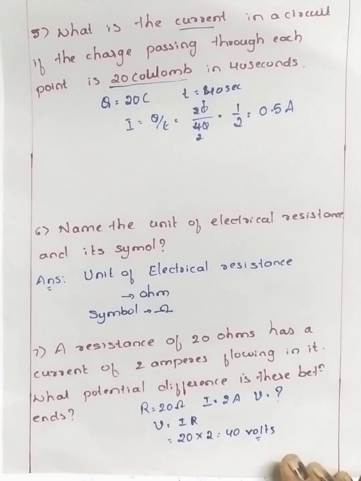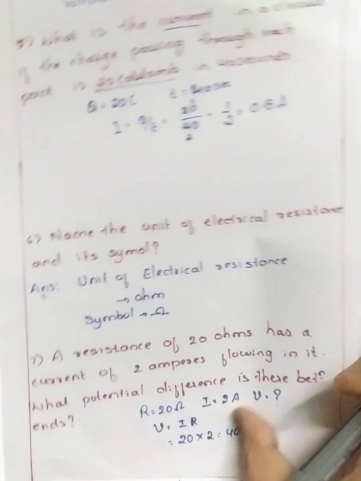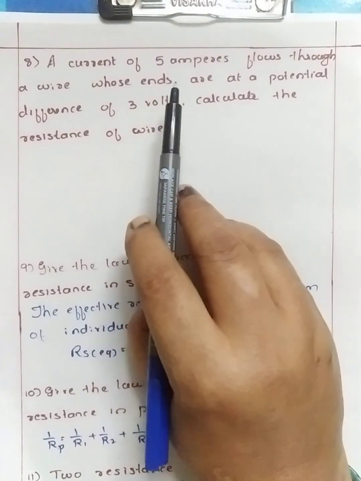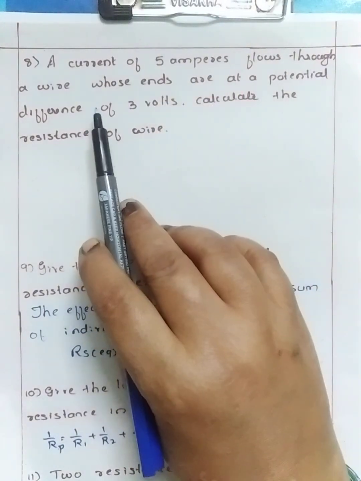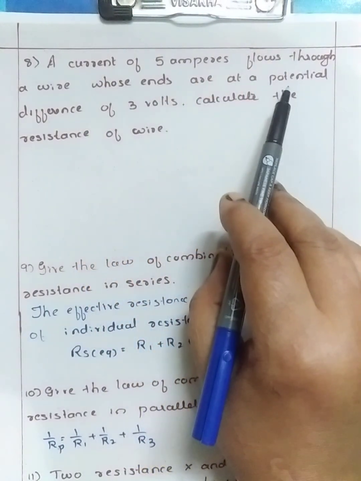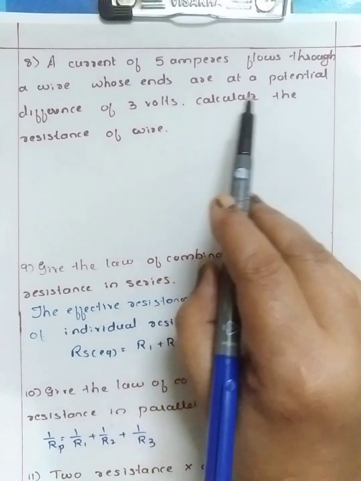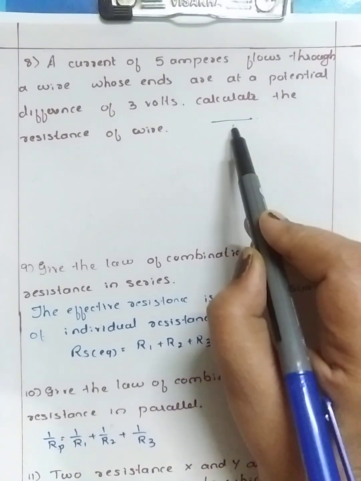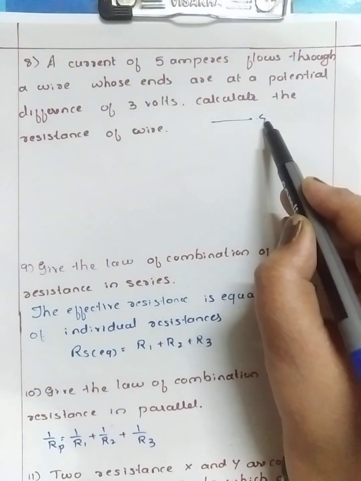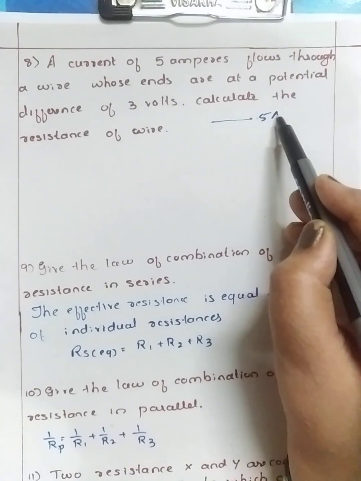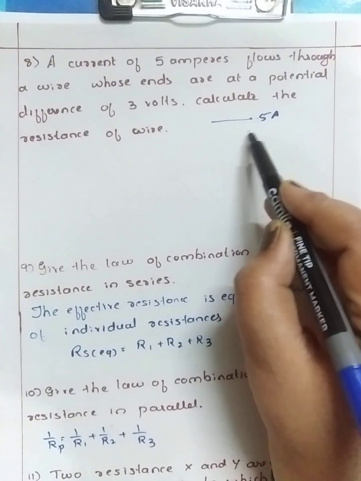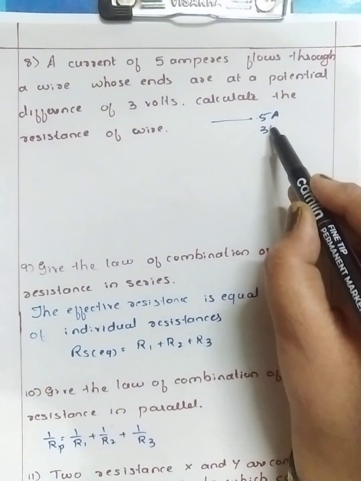7th one. Next one is 8th question. A current of 5 amperes flows through a wire whose ends are at the potential difference of 3 volts. Calculate the resistance of the wire. So 2 ends are there of the resistance, and here 5 amperes current is flowing, and whose ends are at the potential difference, means connected to the voltmeter, it is 3 volt.